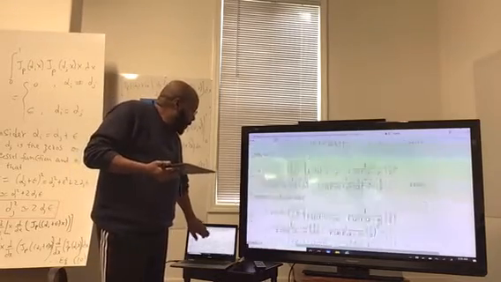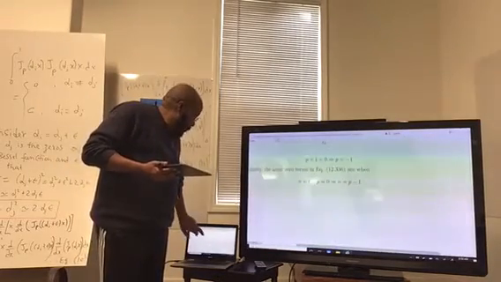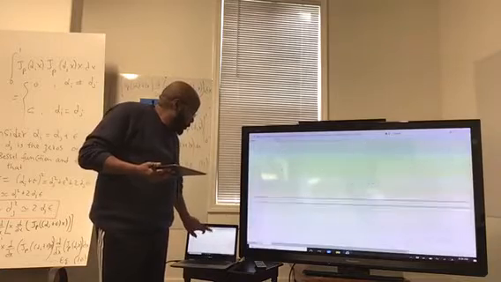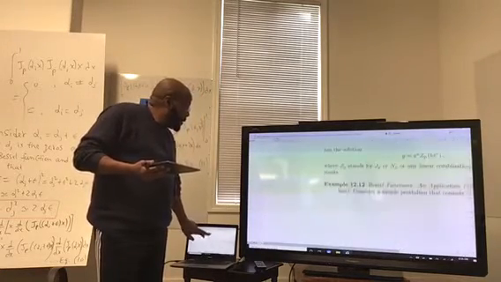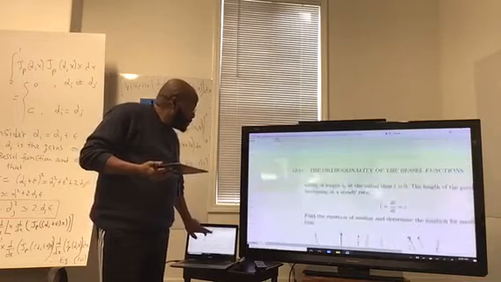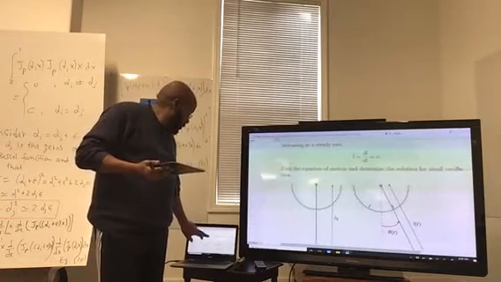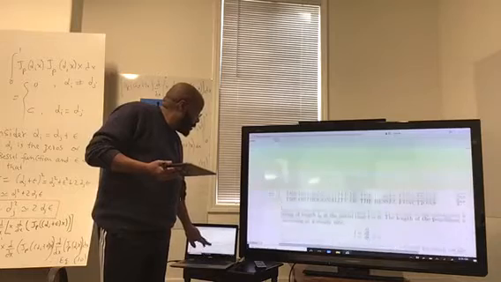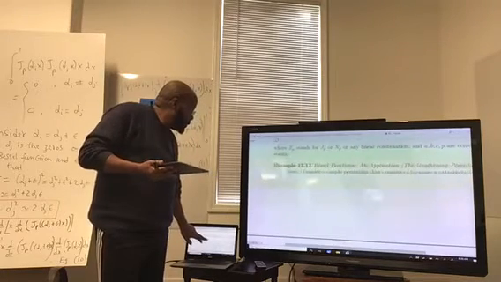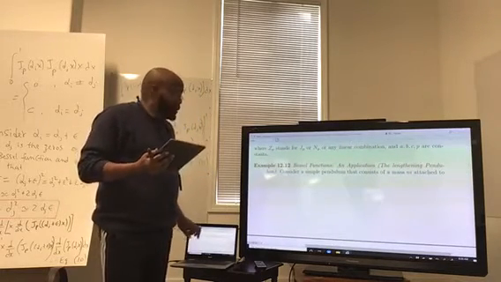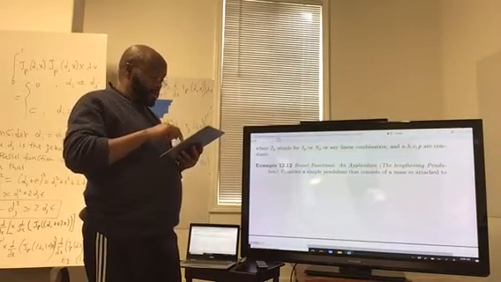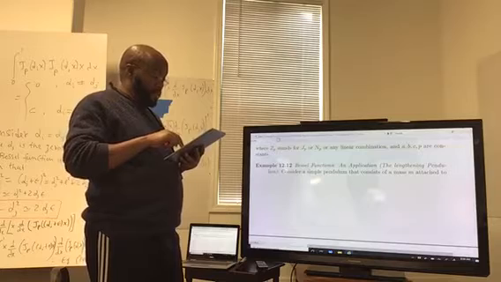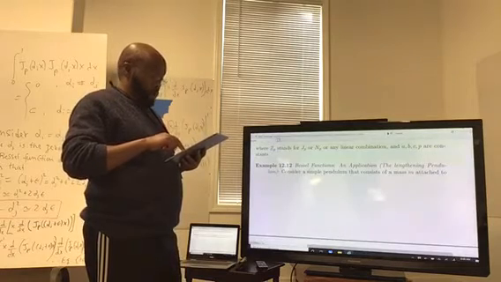And there is one example which I also leave to you. This example 12.12, the lengthening pendulum.